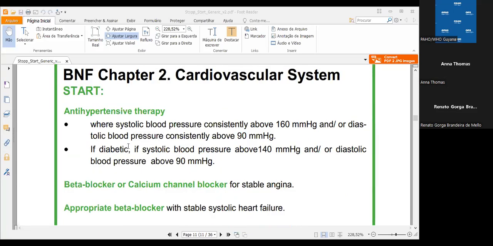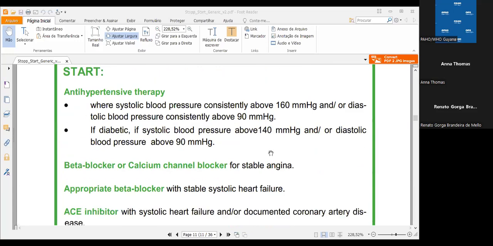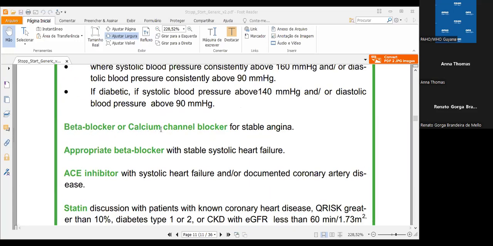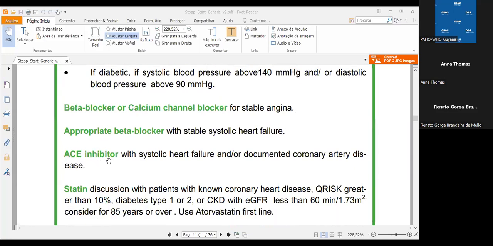If a patient is diabetic, with systolic blood pressure above 140. Beta blocker or calcium channel blockers for patients experiencing stable angina.